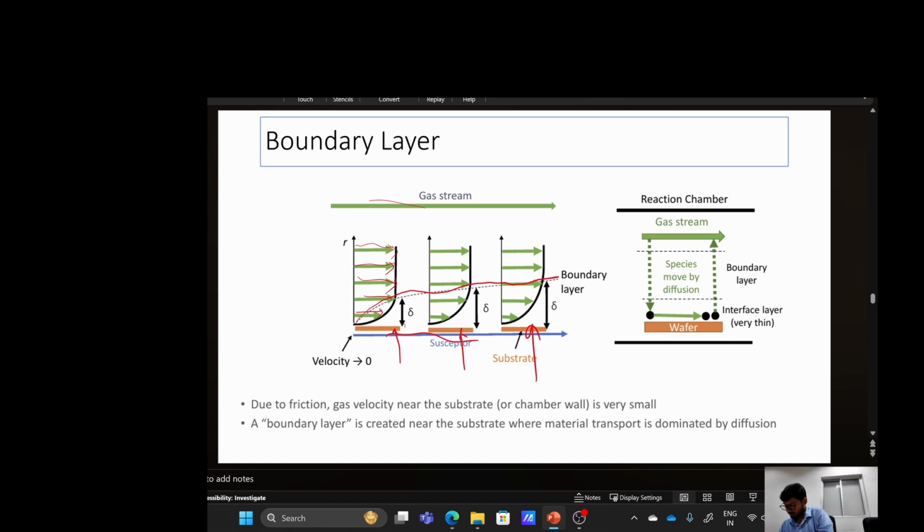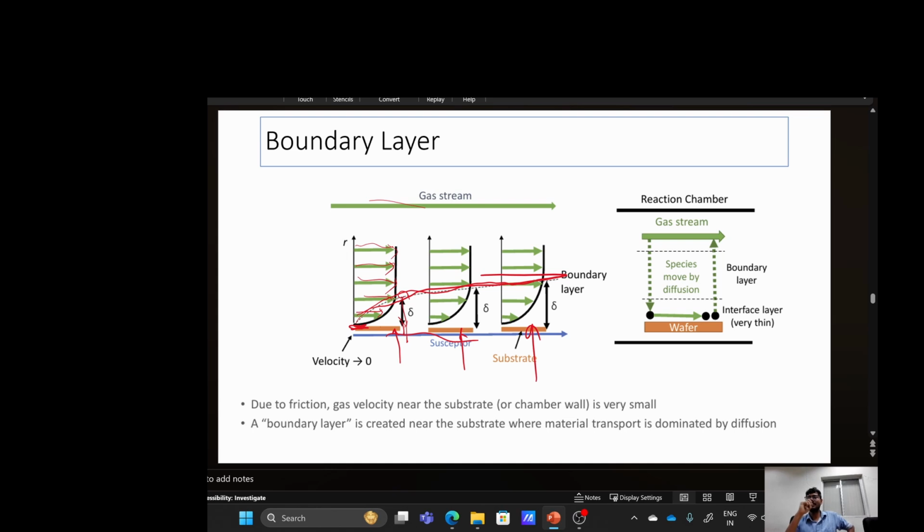Okay, because of this, at this point there is a no slip condition. Because of that no slip condition, there is a layer of the gas itself which is stagnant.